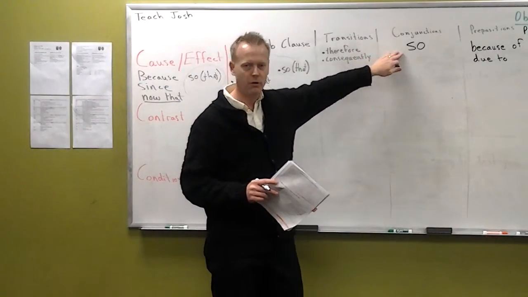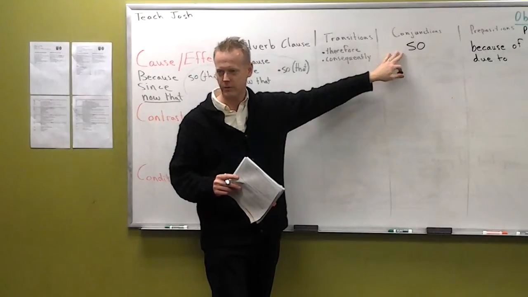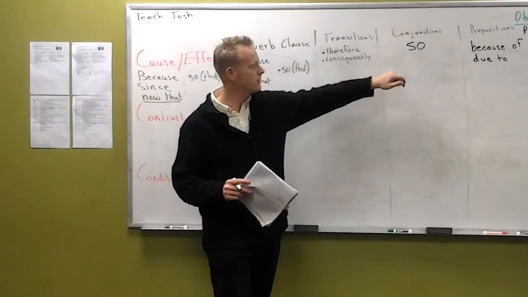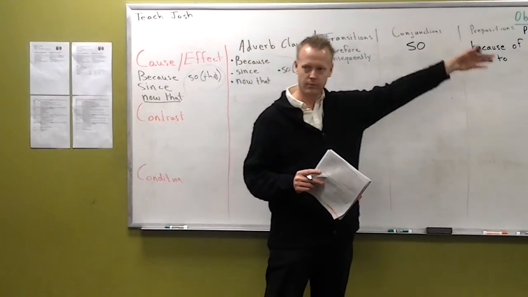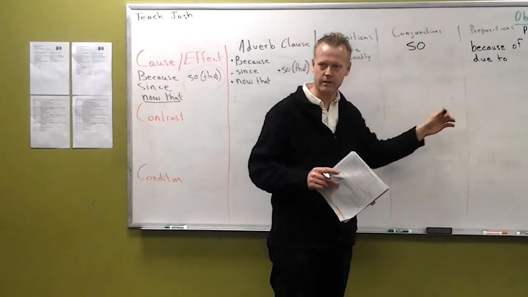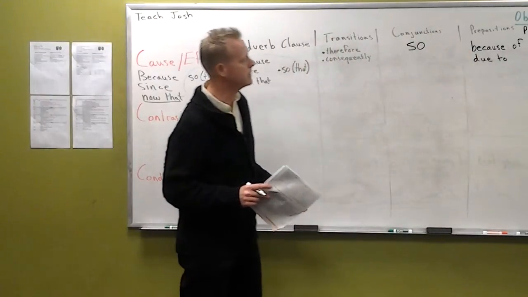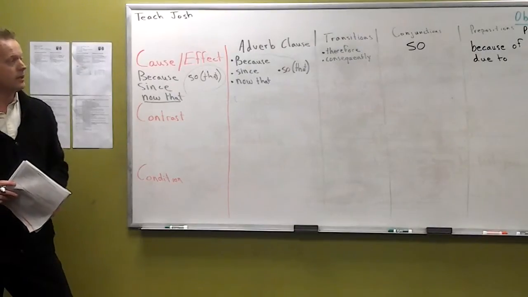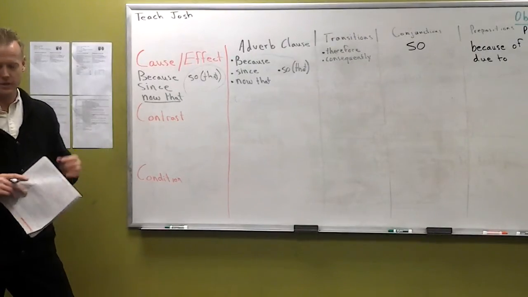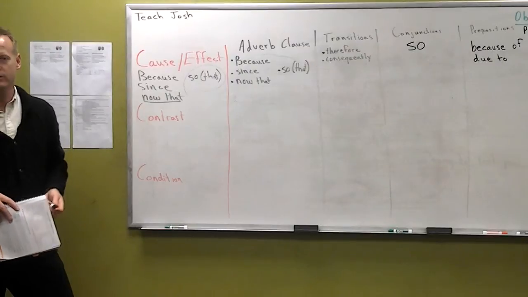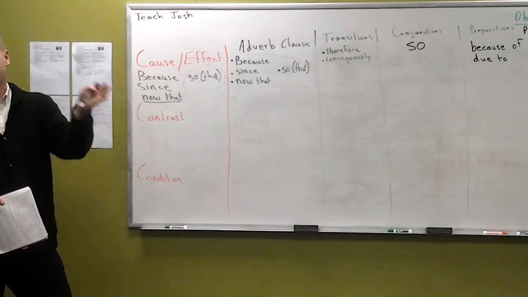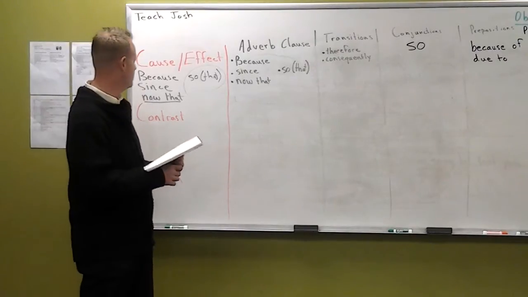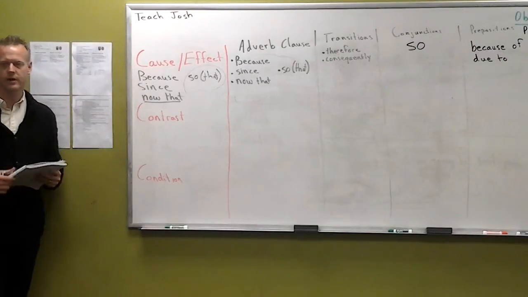You can also use a good old-fashioned coordinating conjunction with two independent clauses, right? With the cause, comma, coordinating conjunction so, and then put the effect in the second independent clause. Then we talked about how you can also use prepositional phrases starting with because and due. You can say because of and due to and create a cause and effect situation using an independent clause with a phrase on the end, a prepositional phrase. You okay? All right.